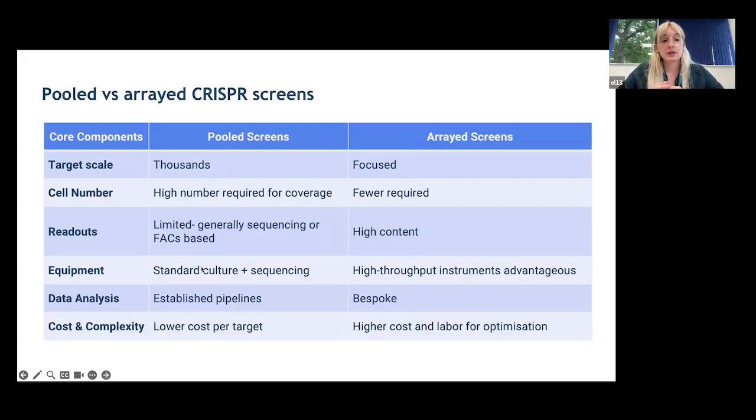Therefore, the cost and complexity on a per target basis is generally lower if you think of the scale that you're performing for a pooled screen, whereas arrayed screens are higher in cost for both the instrumentation that can be needed and also the labor required to optimize those conditions for screening.